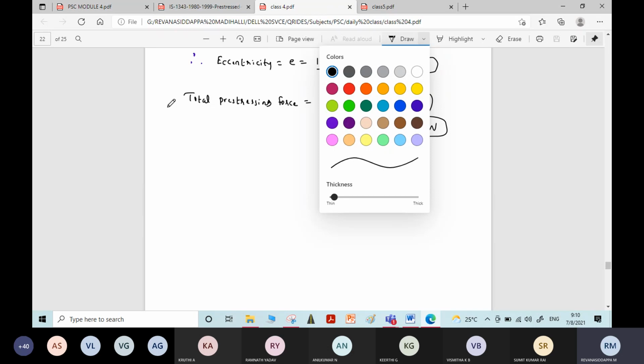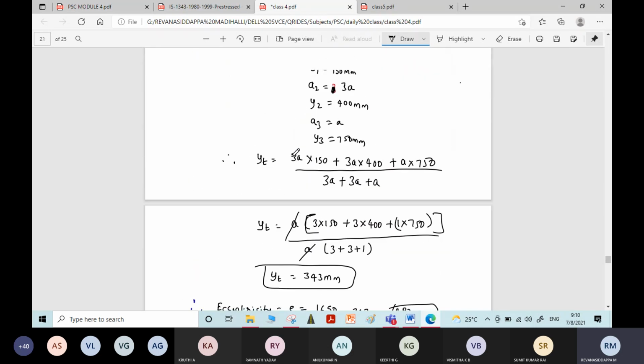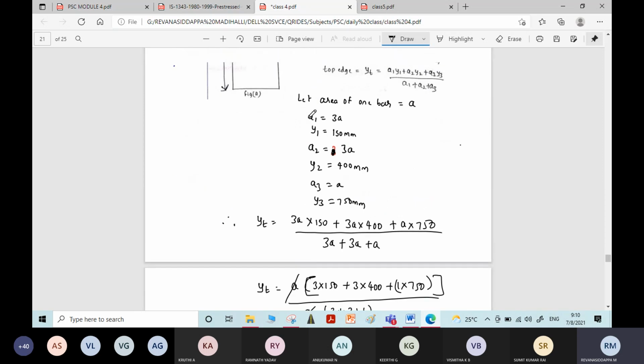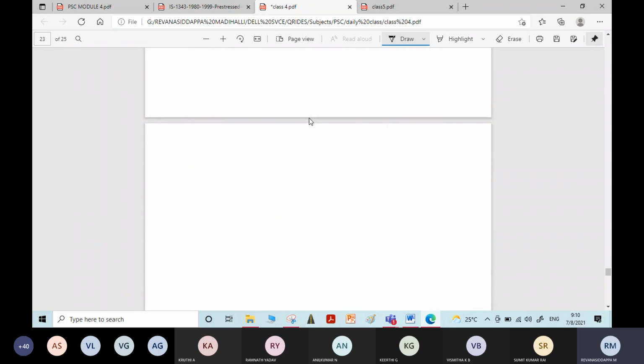Now all the required parameters we have calculated. It is asked to find principal stresses at a distance 550 mm from the top of the cantilever beam. Correct? Now below, write the formula. Principal stresses formula we already know.